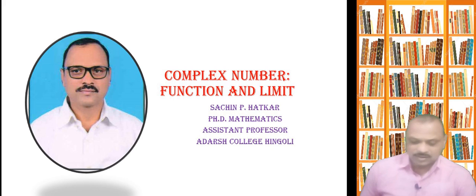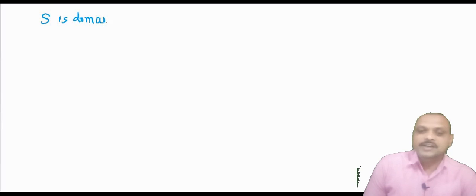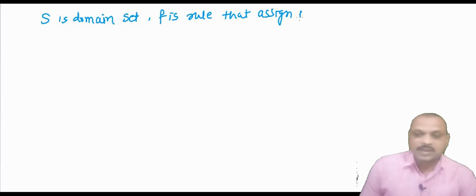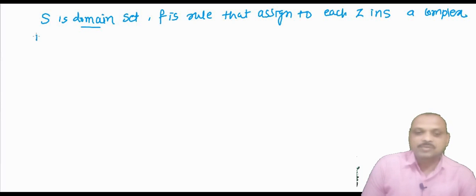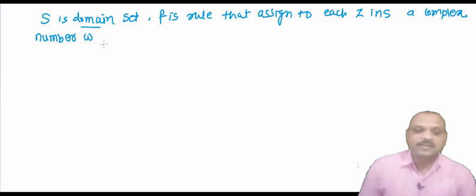Now here suppose S is a domain set, and we define F as a rule that assigns to each Z in S a complex number W. Then here again we have two sets.